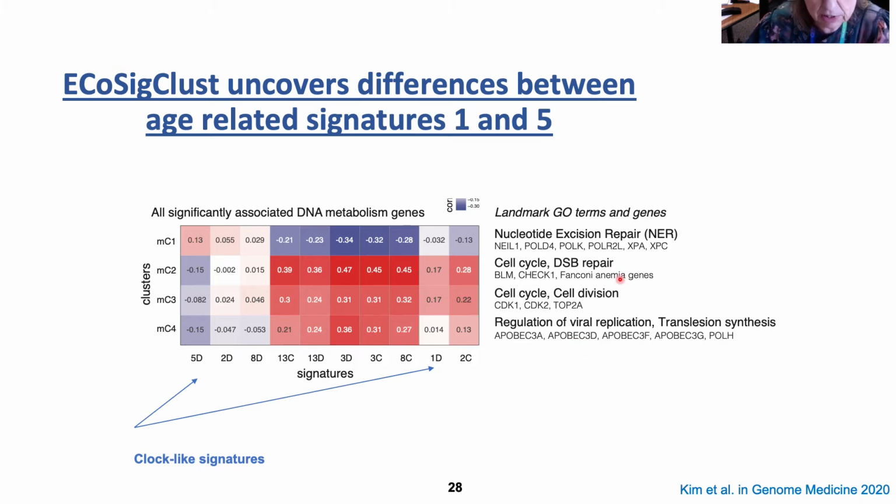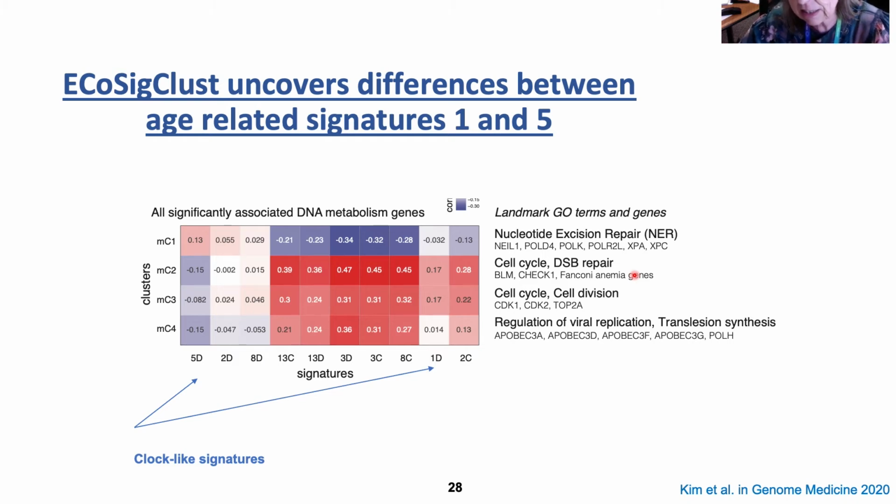The relation of signature 1 with cell cycle is something that had been proposed before, since this signature is quite well understood, basically from the basic biochemistry of the signature, that I may not necessarily want to go into details right now.